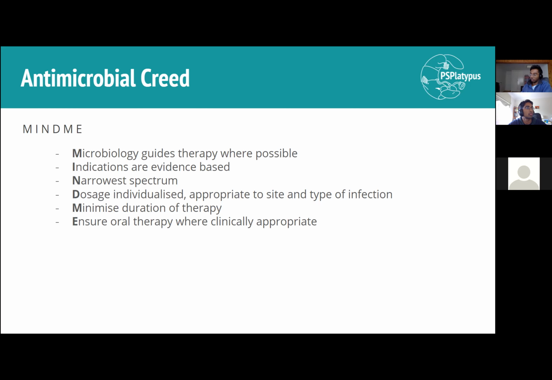First of all, it's acronymized as MIND-ME: microbiology guides therapy, indications are evidence-based, and you need drugs that have the narrowest of spectrums. Dosage is individualized and appropriate to site and type of infection. You want to minimize duration of therapy and ensure oral therapy where clinically appropriate, because it's the least invasive type of therapy.